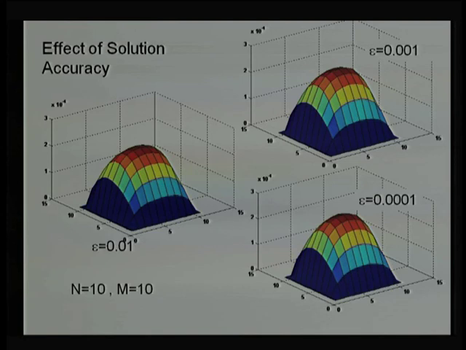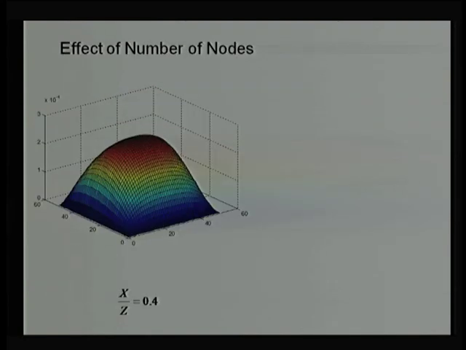To compare with 50 nodes, this second slide shows the number of nodes as 50 in the x direction as well as the z direction. I can see that a slight change is happening, but otherwise there is not much variation.